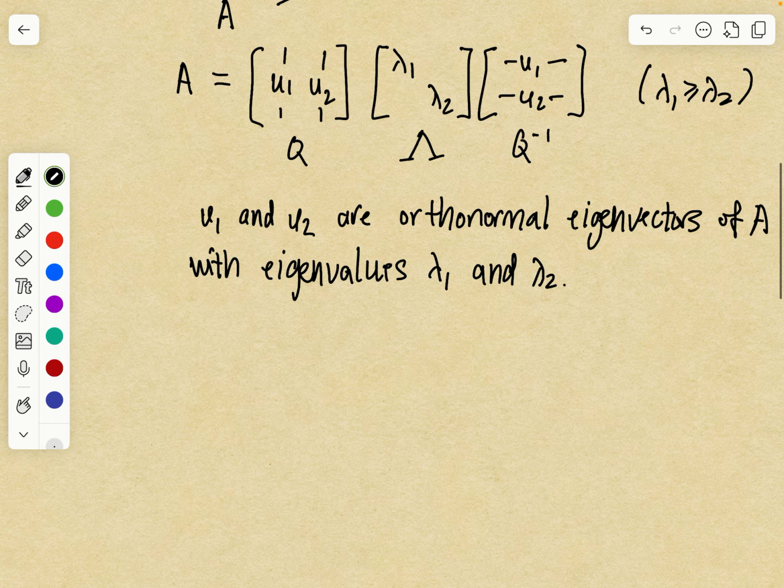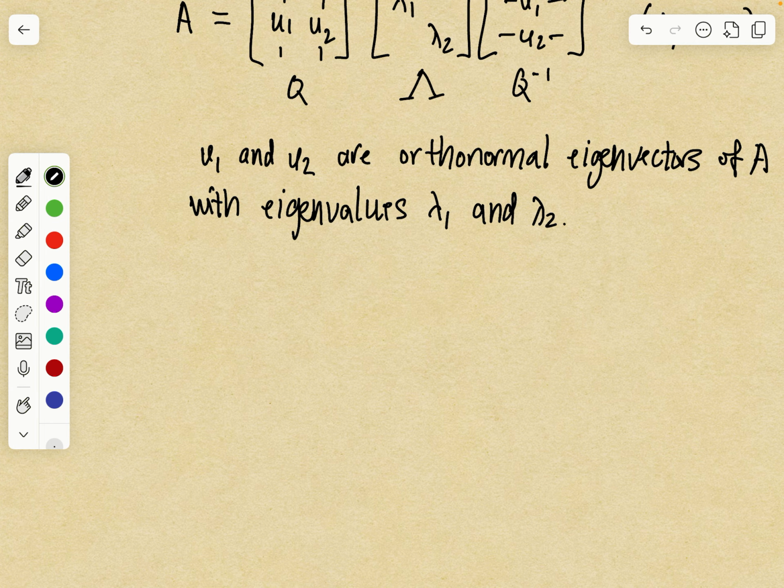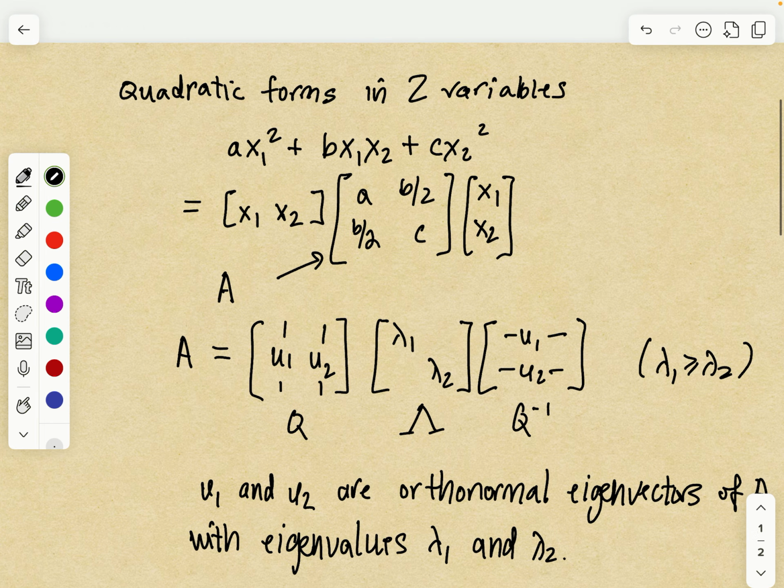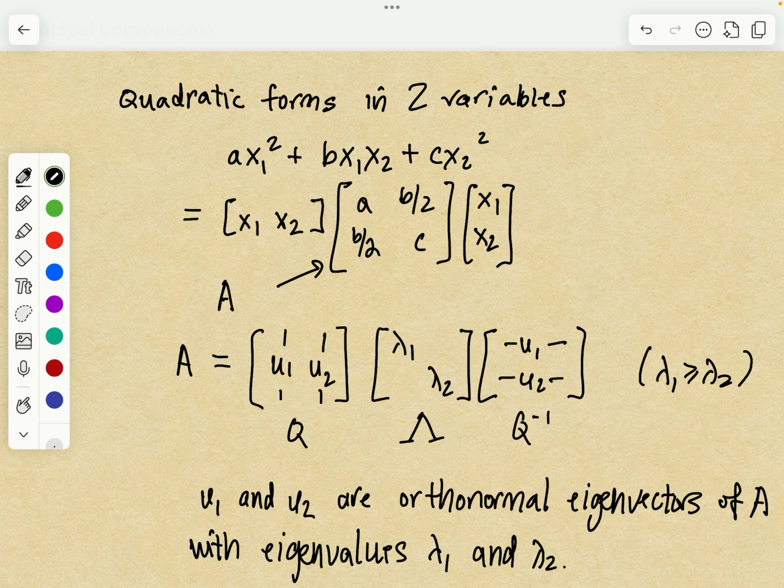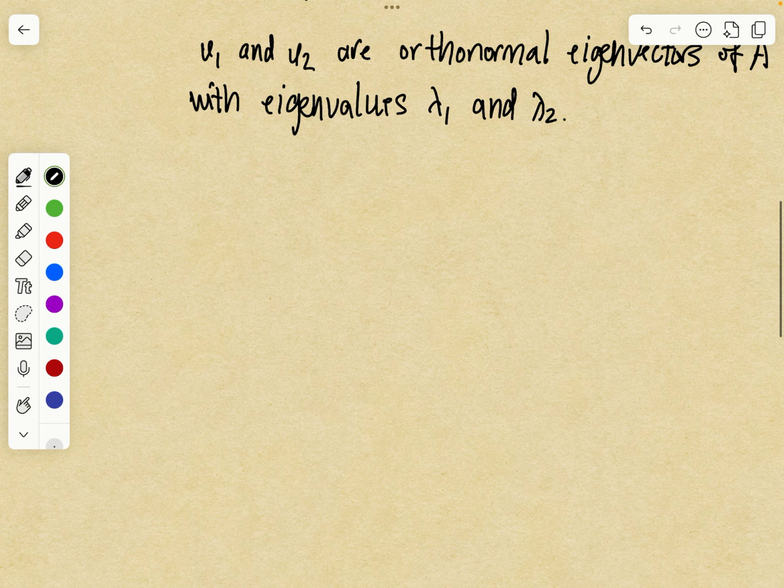And the relevance of this is that when we look at the associated quadratic form, which we'll call z of x1, x2, this is a function of two variables, x1 and x2.